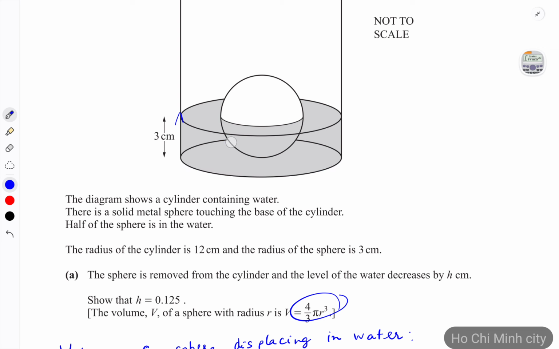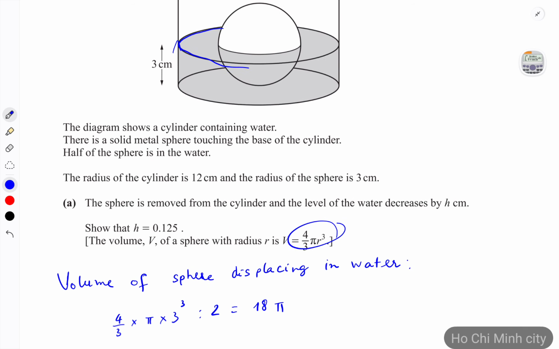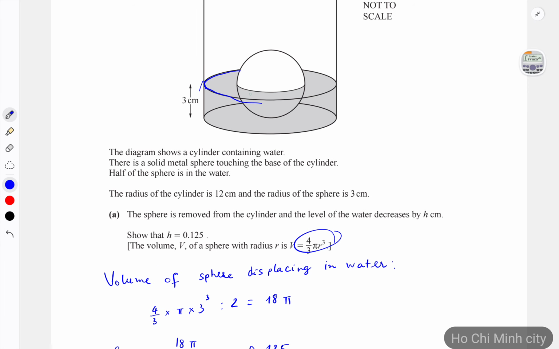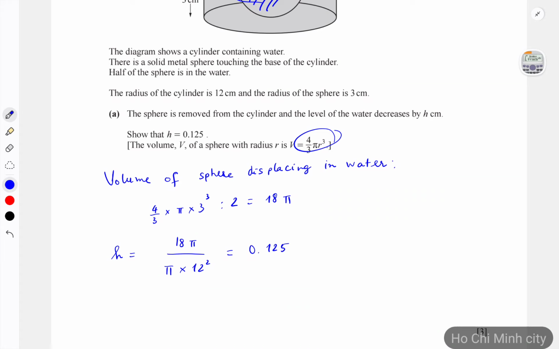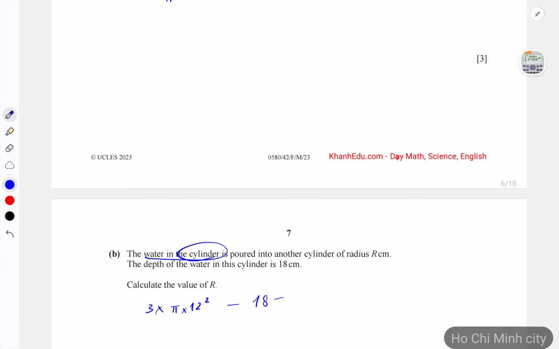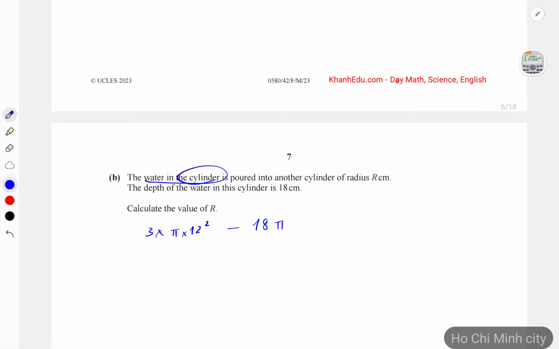So we need to calculate the volume of the water. So that is the height times the area of the base, which is pi r squared, and then minus the half of the sphere. So this one is 18 pi.